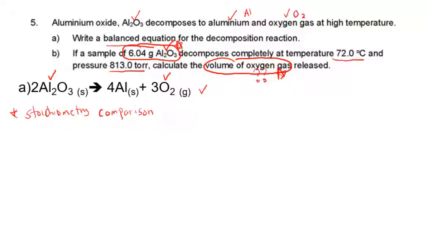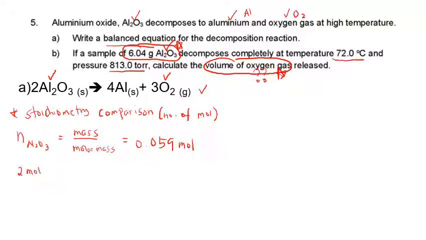When we want to do the comparison, we have to compare in terms of number of moles. So before we start the calculation, we have to get the number of moles of aluminium oxide using the formula mass over molar mass. After you press the calculator, you will notice 6.04 gram of aluminium oxide is equal to 0.059 mole of aluminium oxide.